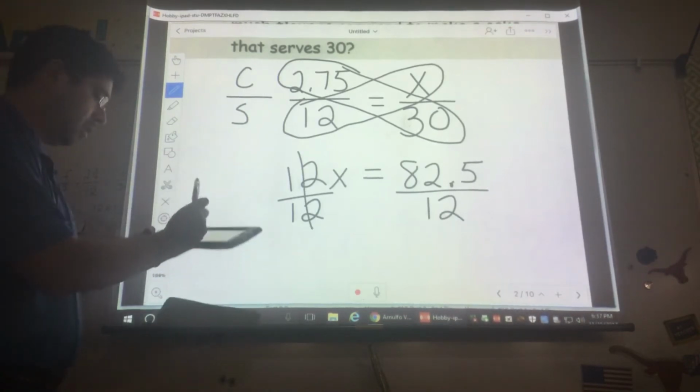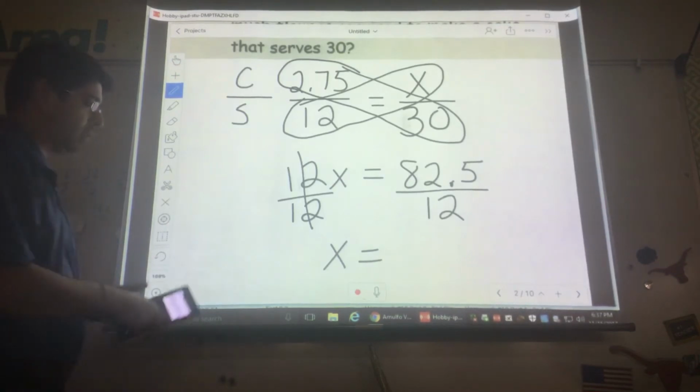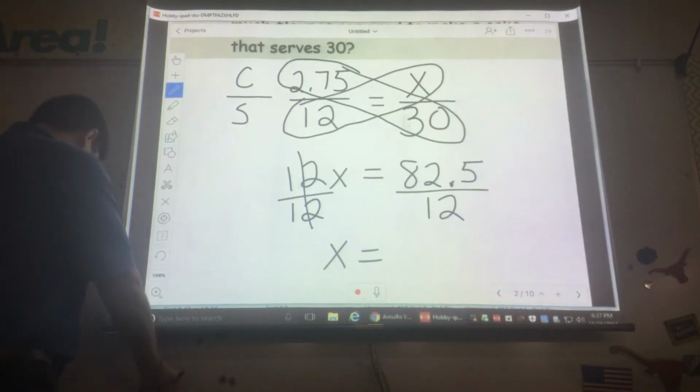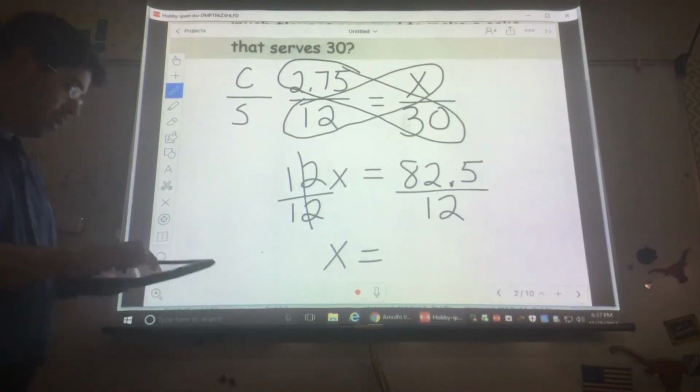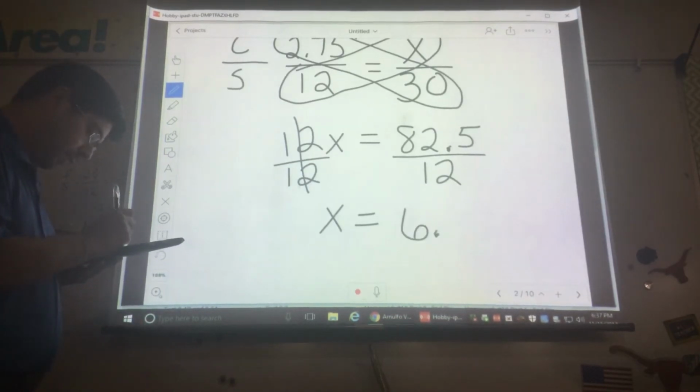That makes 1. X equals, so let's put that in our calculator and see what we get. We're going to get 6.875.